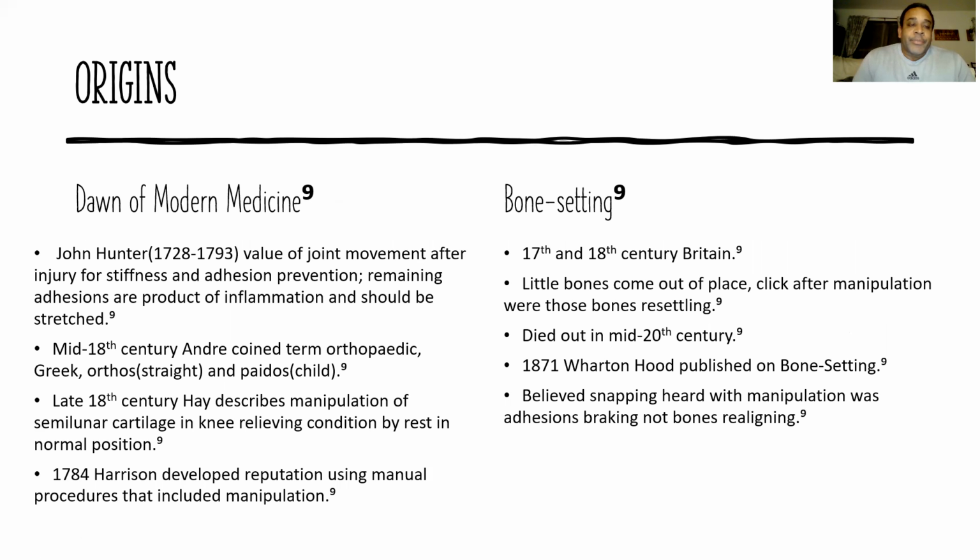He wrote that any adhesions remaining in the body after injury were a product of inflammation and should be stretched out. Then Andry coined the term orthopedic. It's a Greek word which breaks down into orthos meaning straight and pedos meaning child.